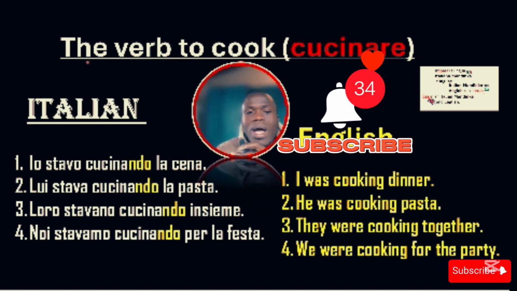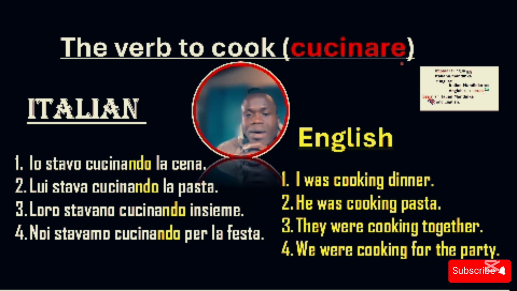Now we have the verb to cook, which means cucinare. Italian, English. Io stavo cucinando la cena. For instance, if your boss asks you che stavi facendo, it means what were you doing? But you have to listen to the question.